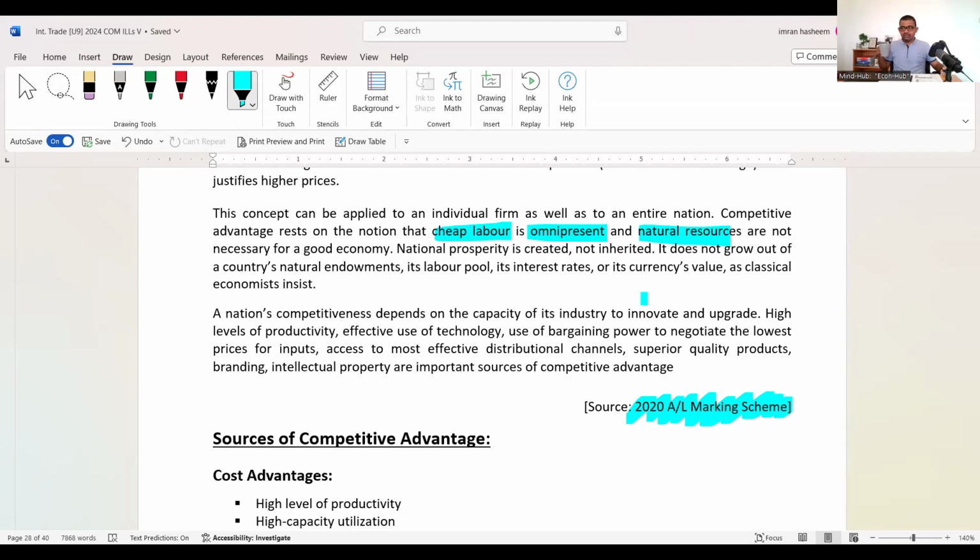But today, we realize it is not necessarily about having cheap labor and natural resources. It's about bringing more technology into this and making sure you are overall more efficient and productive in what you do.